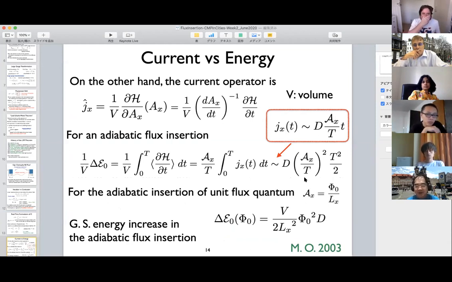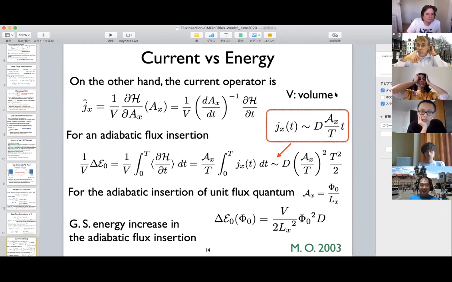I forgot to mention maybe, but this whole flux insertion gauge invariance business was initiated by Laughlin. He explained the quantization of Hall conductivity in this way. I didn't have time to mention. And recently, I had some modification or maybe improvement of the original Laughlin argument for Hall conductivity, although I'm not planning to cover it today. Maybe if you are interested, you can ask me privately.